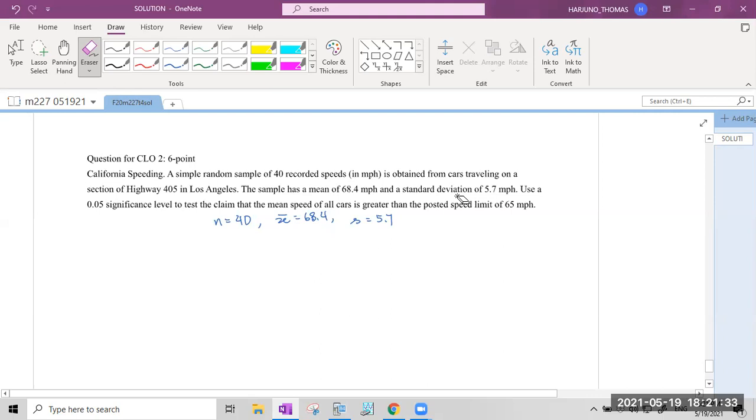Okay, now use a 5% significance level to test the claim that, so hypothesis testing. So step 1, claim.